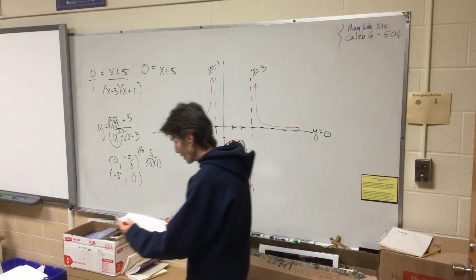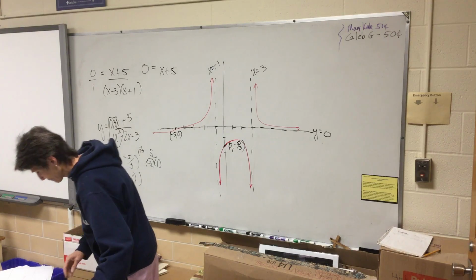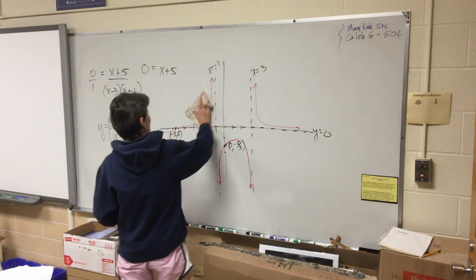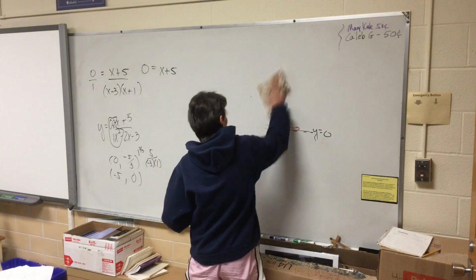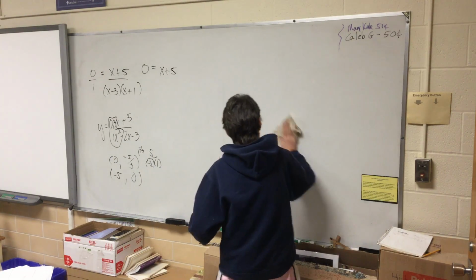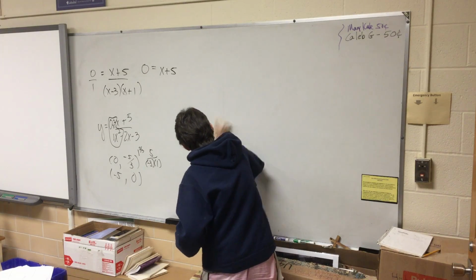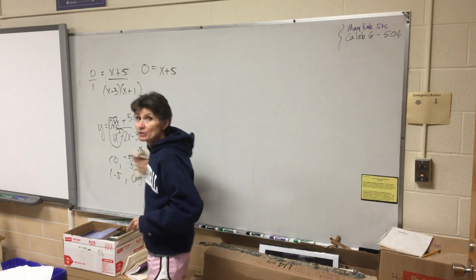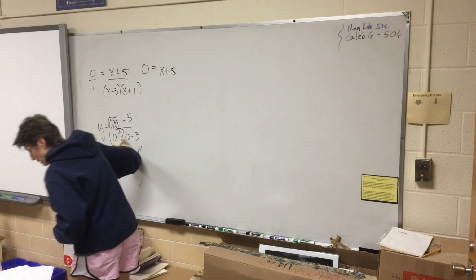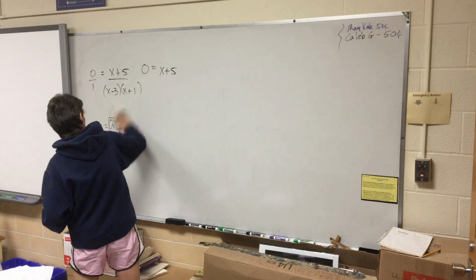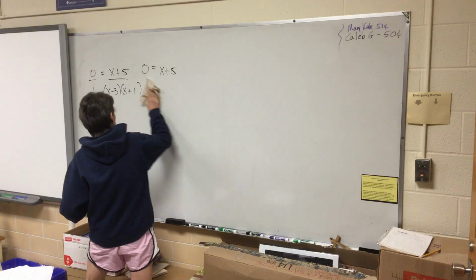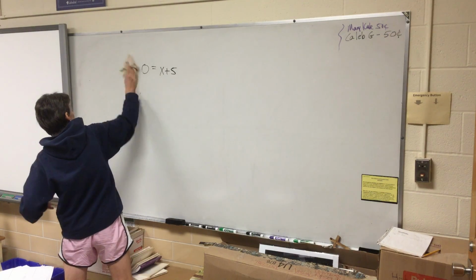All right, let's try the next one. I think it's going to be a little easier. Nothing tricky in this one, I don't think. All right, so we have done a couple of them now this morning.